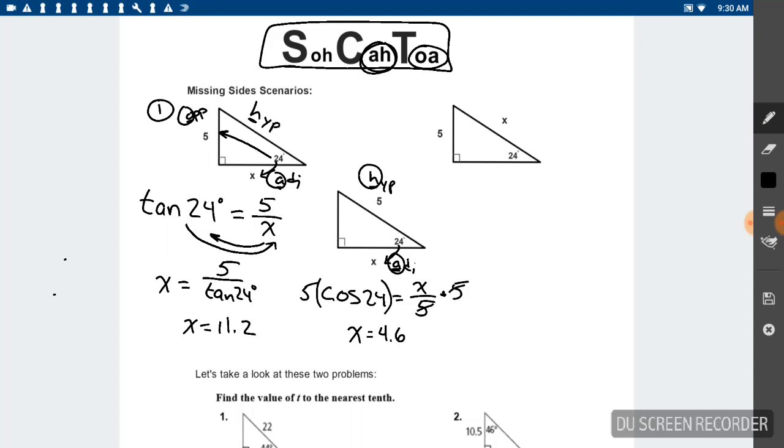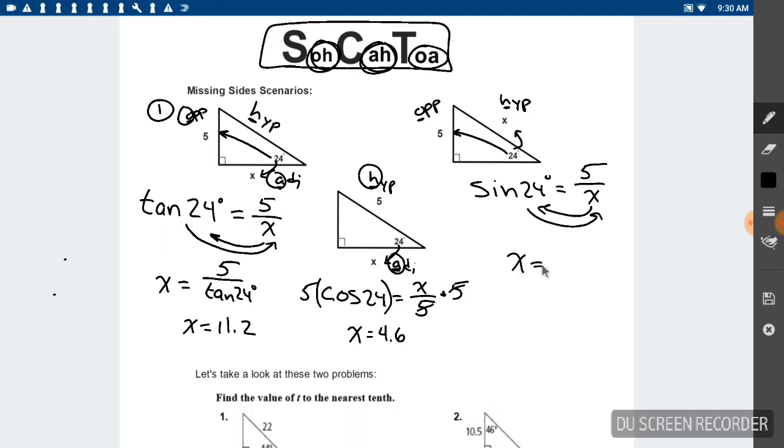Over here, this last one on the right, this will be a sine example. Opposite, there's the O, and hypotenuse, there's the H. So which one deals with O and H? That's the sine. So setting it up, the word goes first, the angle goes second, opposite is 5, hypotenuse is x. I'm going to need to do the old switcheroo because x is on the bottom.